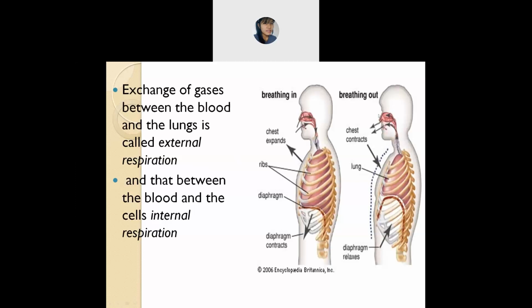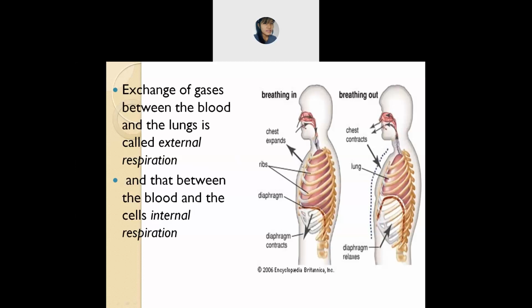Your chest will become small and your diaphragm will relax. तो यहाँ पे क्या होगा एक्सटर्नल रेस्पिरेशन में, मतलब ब्रीदिंग आउट, सांस बाहर लेके आना. चेस्ट, ये जो छाती है, ये कंट्रैक्ट होगा, कंट्रैक्ट मतलब अंदर खींचेगा और छोटा हो जाएगा और डायफ्राम जो है रिलैक्स होगा, रिलैक्स मतलब थोड़ा आराम मिलेगा. रिलैक्स का मतलब पता है ना, तो रिलैक्स होगा okay.